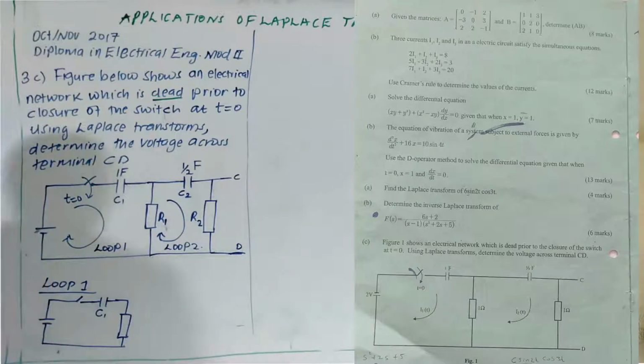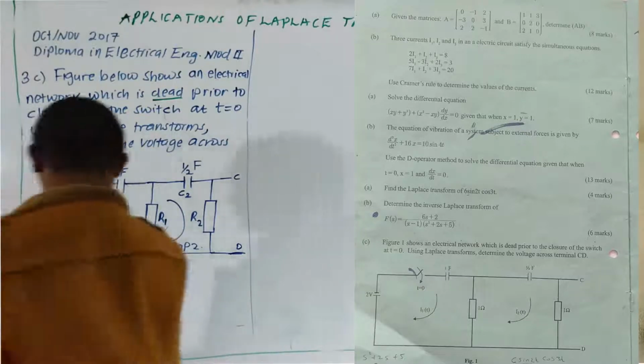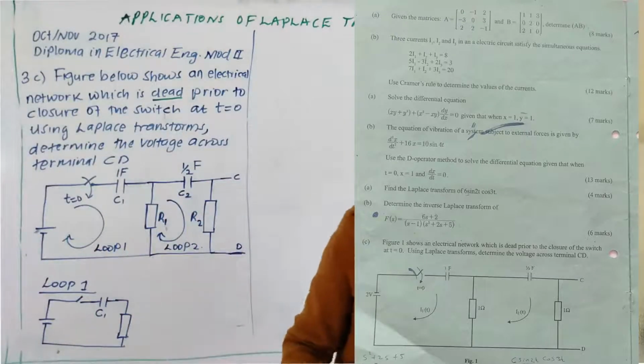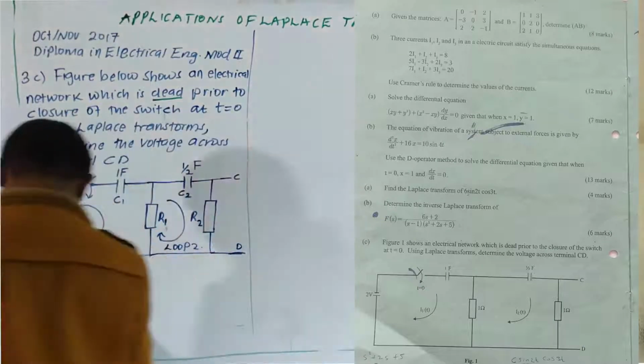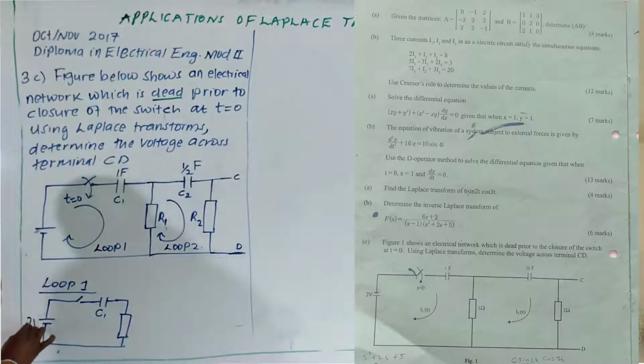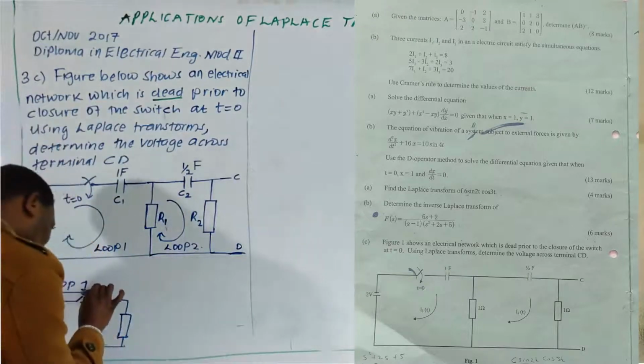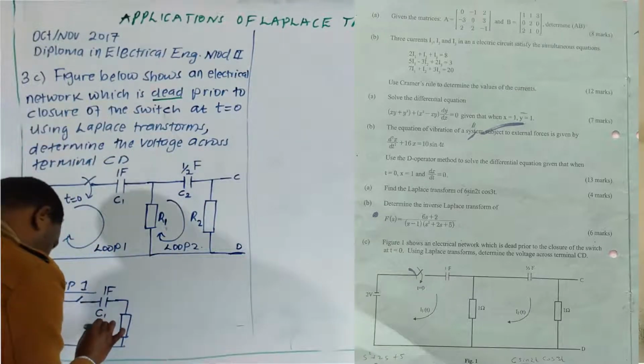So in loop 1 you only have two components. In loop 2, I did not write down the value of the volt. These are 2 volts. This is 1 farad. This is 1 ohm.